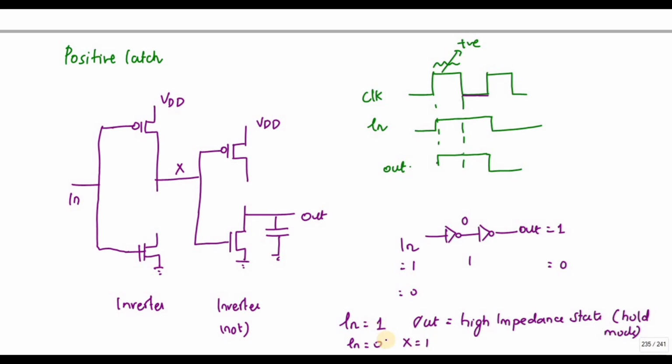If X is 1, here also the output is floating, so the output is in the hold mode.